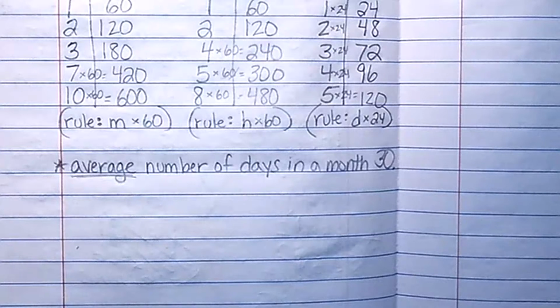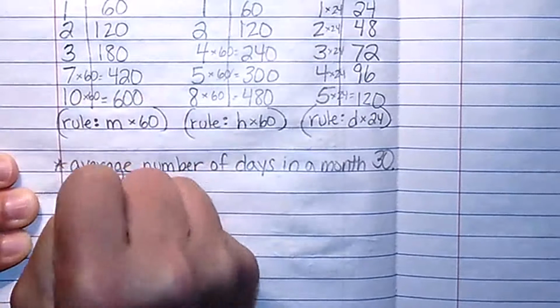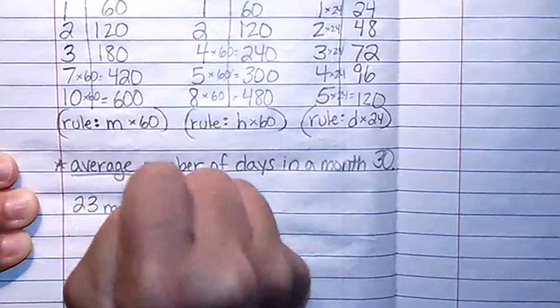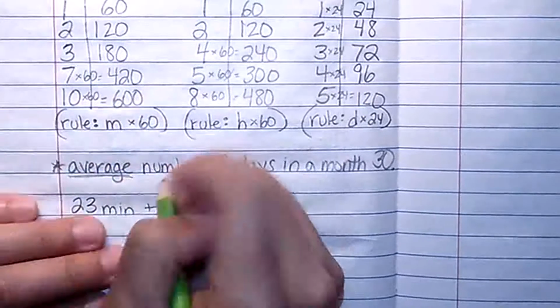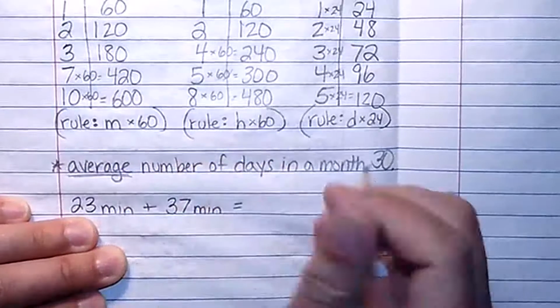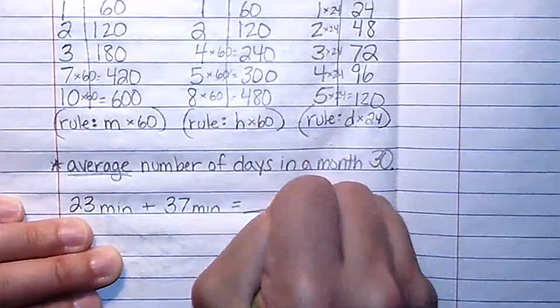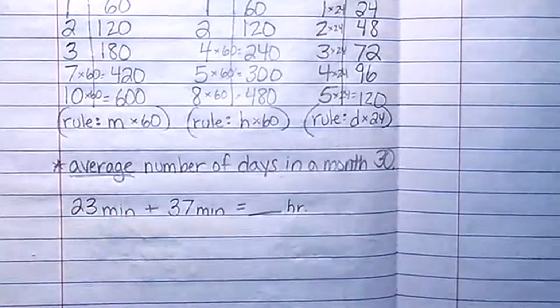Okay, let's try another type of problem. Let's see what we could do if we were trying to add some of our times together. So let's say, for example, 23 minutes plus 37 minutes. And I want to know how many hours that equals.